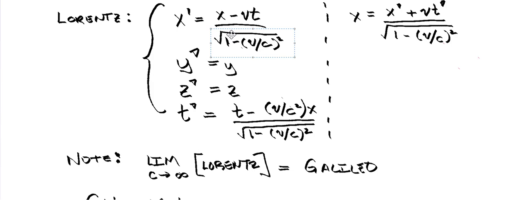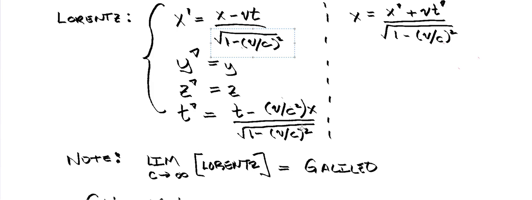The square root of 1 is 1. And so what you get is x prime is equal to x minus vt, which Galileo would have agreed with. y prime is y, z prime is z. Note that t prime is t minus v over c squared times x, divided by, again, that 1 minus v squared over c squared under the radical term.